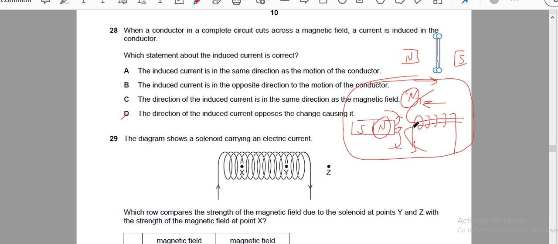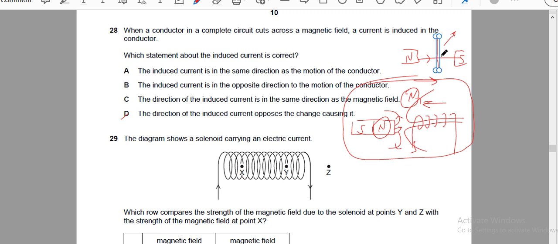We have this case of a coil moving toward a magnet or a magnet moving towards the coil, but I need to think with you about the case of a regular wire. So here is a magnet, and here is a magnetic field in this direction from left to right, and here is the wire. If we move the wire forward or backward, certainly the induced current cannot be in the same direction as the motion of the conductor.